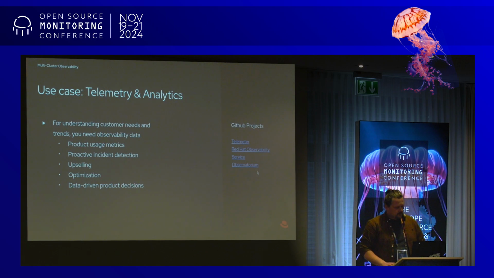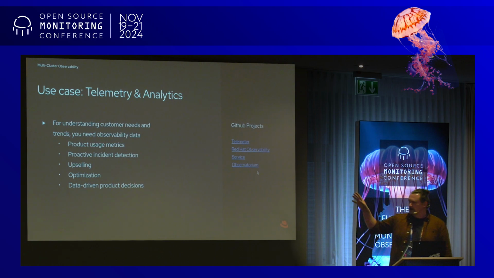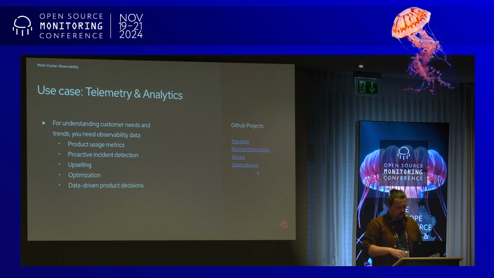So telemetry, this is for understanding basically customer needs and trends. We look at observability data. So each OpenShift cluster sends telemetry data back to our central Red Hat observability service, which is based on Thanos. We'll look at the architecture later. So we get product usage metrics. We can do things like proactive incident detection.